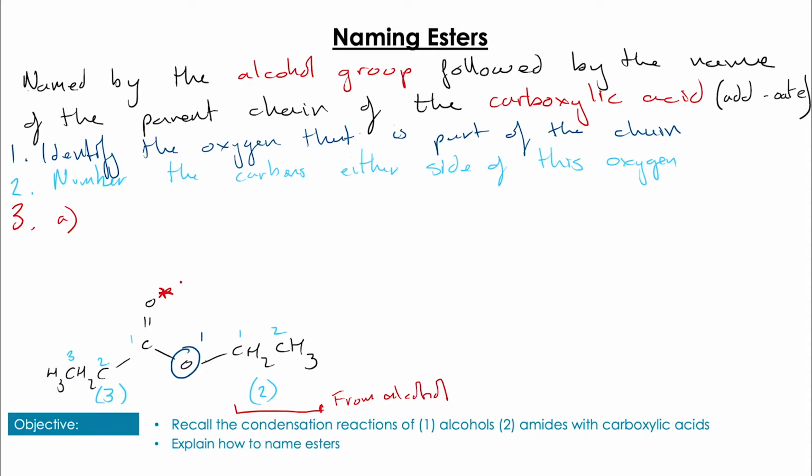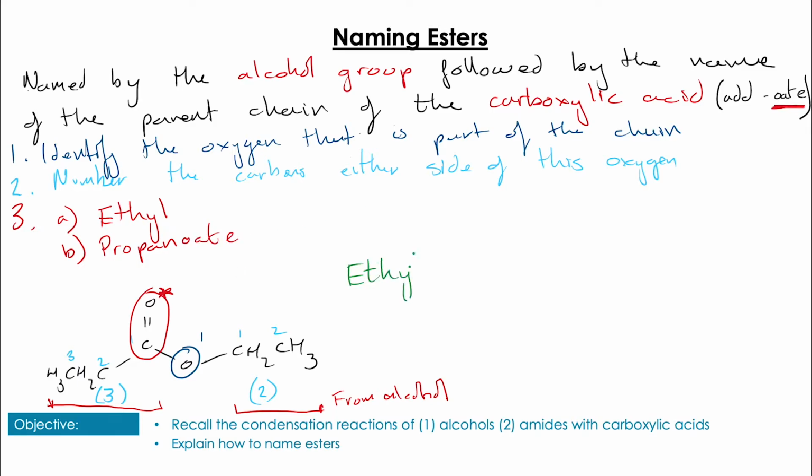Then, in this case, we have 2 carbon chains there, so this is going to be an ethyl from the alcohol group is going to come first, and then the other side, which has this carbonyl group, is a 3 carbon chain, so that's going to be propan, and then we're going to add that suffix that I said at the beginning, -oate, so we get ethyl propanoate.